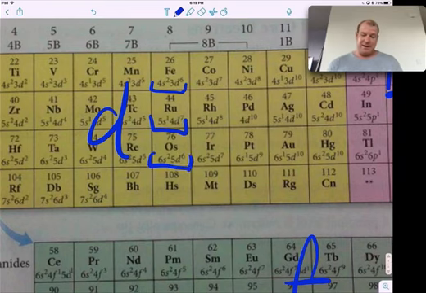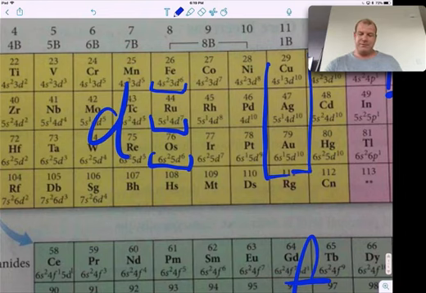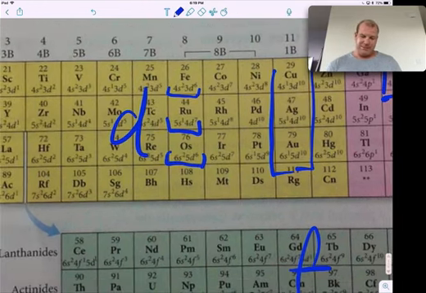Copper, silver, and gold all promote the 4s electron up into the full 3d shell. These also tend to be very unreactive. And you can see platinum and palladium also promote their electrons. Nickel does not. But platinum and palladium are called noble metals.